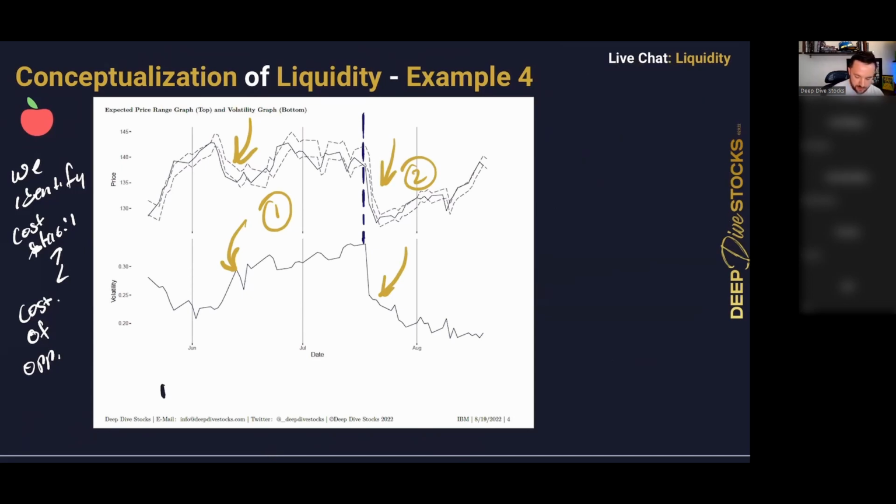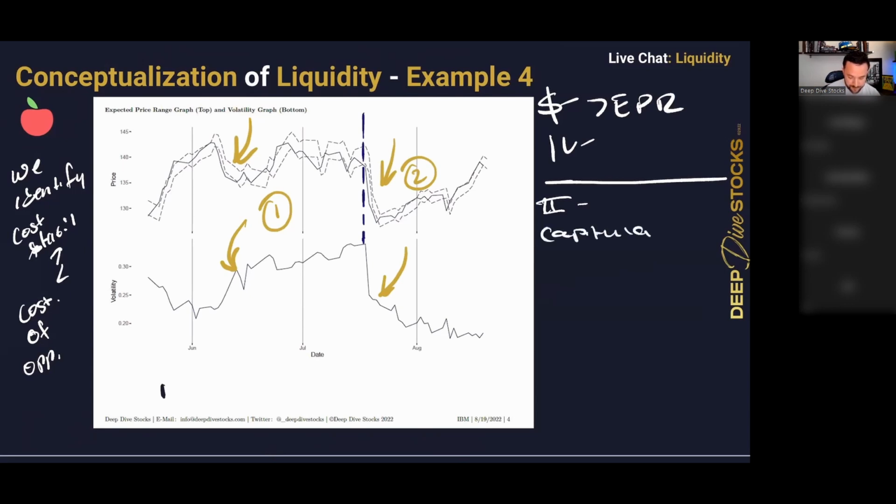Zone 2, we said, is characterized by the price dropping way more than the EPR. But this time, volatility literally dropped off a cliff. So who capitulated? Sellers definitely capitulated here, right?